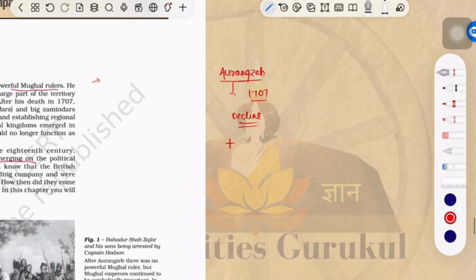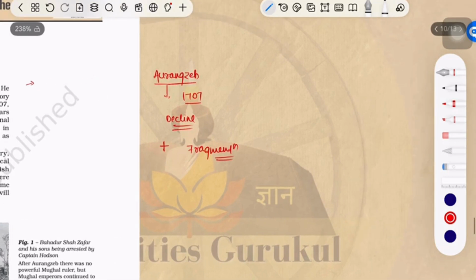Apart from this, another thing that happened was the fragmentation of Mughal rule. How? See, the center is weak. Why? After the death of Aurangzeb, the center is weak.